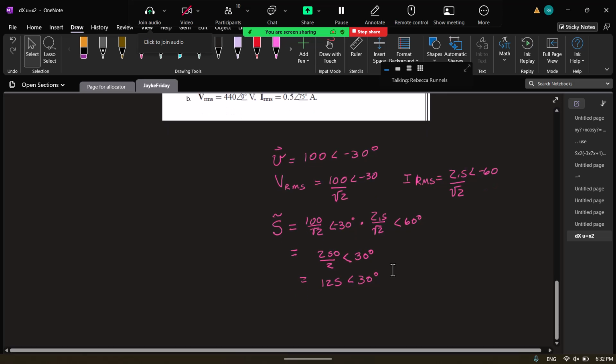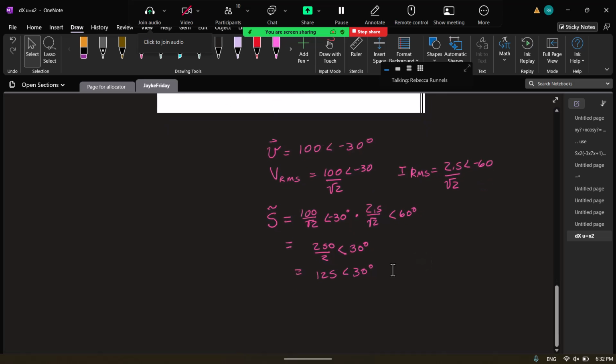And if I write that in rectangular form, I get 108.25 plus j62.5.